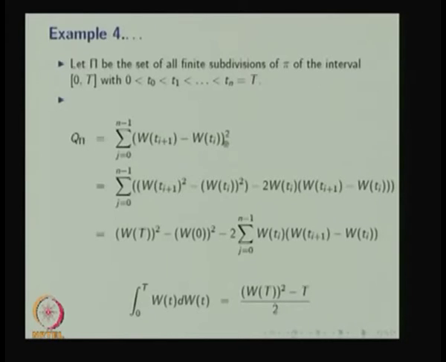Treat this as a and this as b. Then (a minus b) whole square is the same as a square minus b square minus 2 times b times (a minus b).